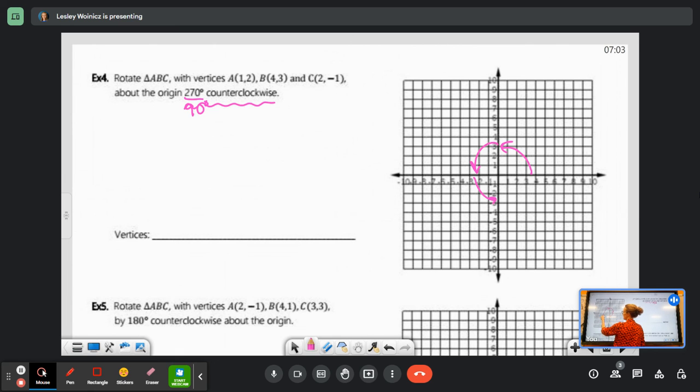So 270 degrees is going to be equivalent to going clockwise 90 one time. You'll end up in the same spot. So we can convert that into clockwise 90. And that's the plan. So I do want to do this one.